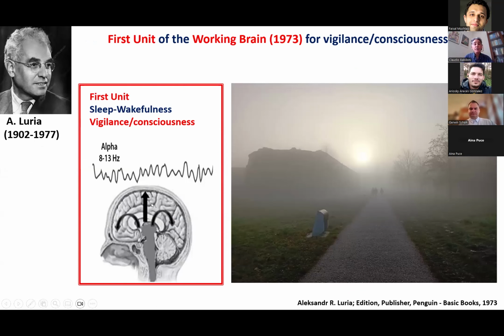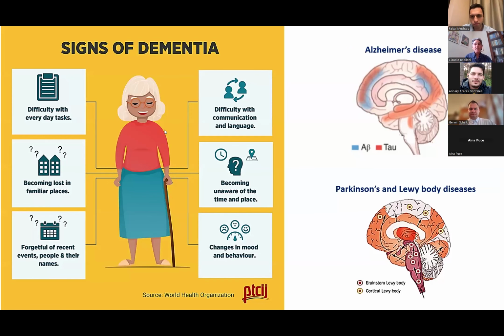And you see that converging studies show that these alpha rhythms are related to the ascending reticular formation from the brainstem and basal forebrain, in the modulation of thalamocortical circuits, and so changing the arousal of the cerebral cortex in the generation of EEG in the resting state condition. And you see in the picture the vigilance with some mental fog, brain fog, some disruption of vigilance in some patients with brain diseases.